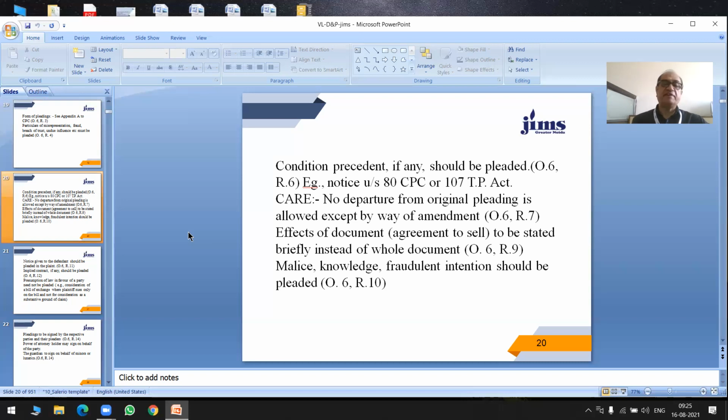So briefly, the effect of the document has to be pleaded in your plaint or WS as the case may be. And as I told you, the factum of malice, knowledge, fraudulent intention should also be clearly pleaded in your pleadings.